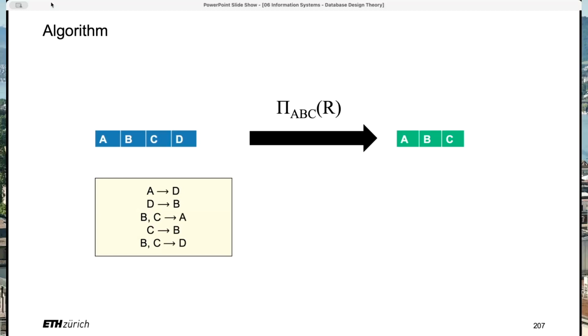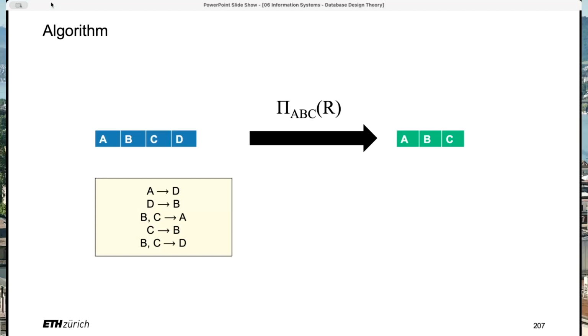So what are the possible left-hand sides of such dependencies? Do you agree it's basically the power set of ABC, right? It's empty, or just A, just B, just C, just AB, just AC, just BC, or ABC, right? These are all the possibilities for the left-hand sides, right? Who is with me, right? So we're going to be brute force trying them all. And what we need to do in order to determine then the right-hand side, guess what? We need the closure.